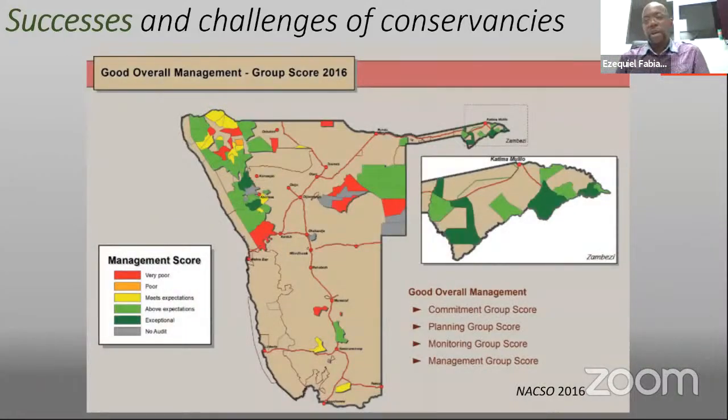Another measure that has really been driving this increase in the number of conservancies is management. Each one of those conservancies has to do a review to look at different aspects of management, ranging from financial accountability to wildlife monitoring, to commitment of the different groups to ensure that the conservancies meet their goals.